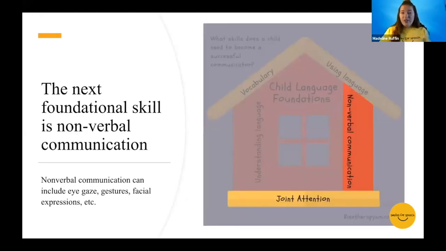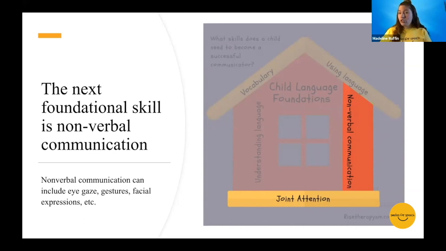The next foundational skill, one of the walls of that house that Michelle spoke about, is nonverbal communication. That's the communication that we use that doesn't have a language to it yet. It can. We can have gestures associated with a formal sign language, like American Sign Language or Kenya Sign Language.